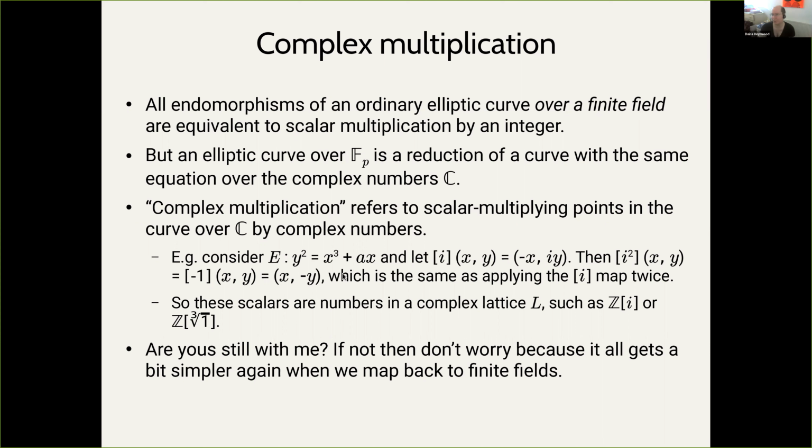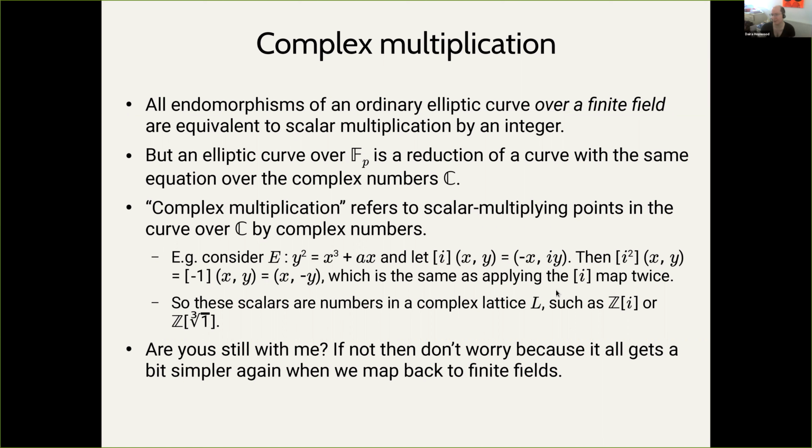So let's give an example of that. We have this curve y squared equals x cubed plus ax for some a. And we're going to define how to scalar multiply by i, the square root of -1, just i as it normally is for complex numbers. So we define it like this. Multiplying by -1 would be just (x, -y).